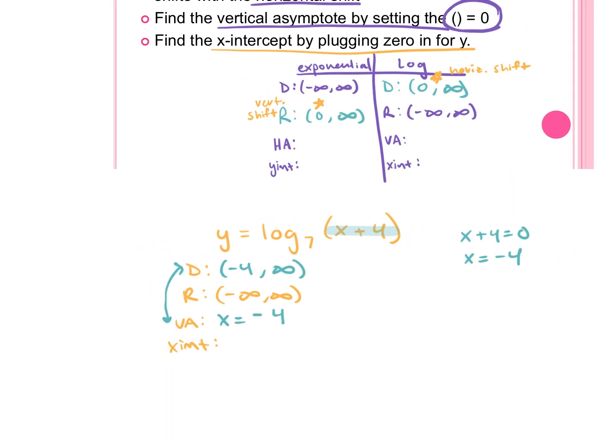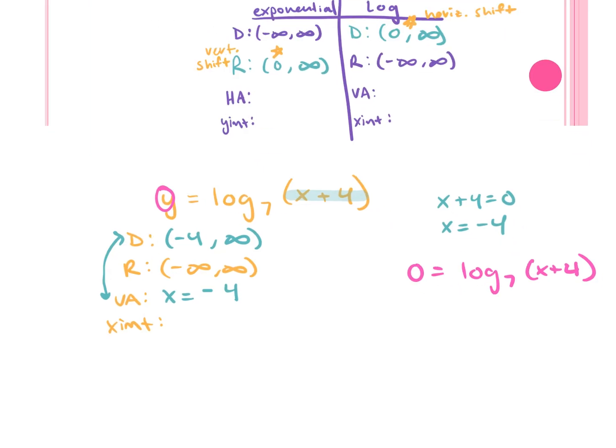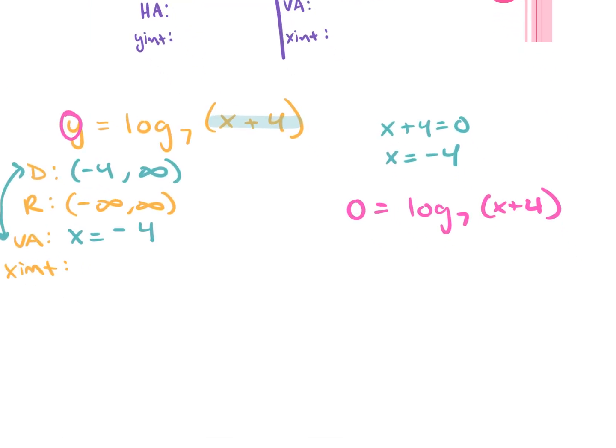And then we said for our x-intercept, we plug in 0 into the y. So we have 0 equals log base 7 of (x plus 4). Now we talked about this in part 1, where our brains don't really compute log functions, but we do compute exponential functions. How would I put this into exponential form?